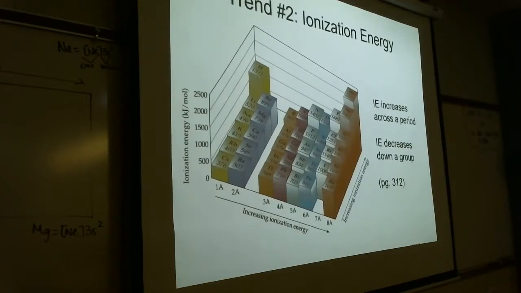So here's the trend. It increases across a period. So you can add this to your periodic table. Ionization energy increases across a period and decreases down a group. So it's the opposite of our trend with radius.